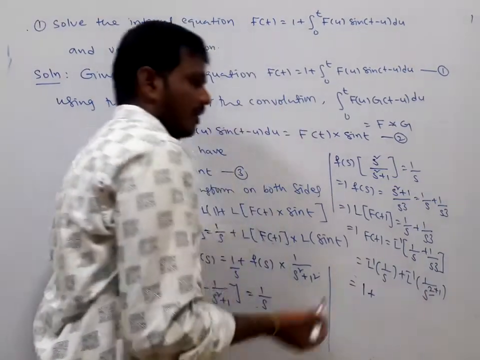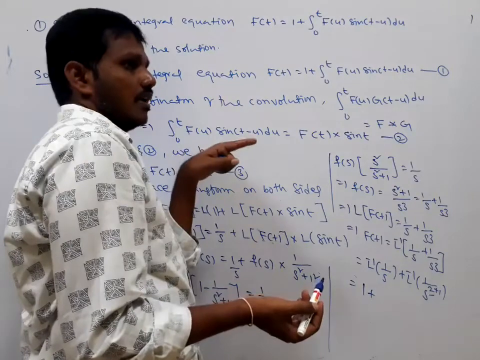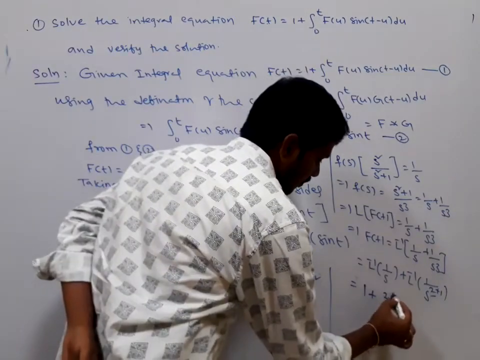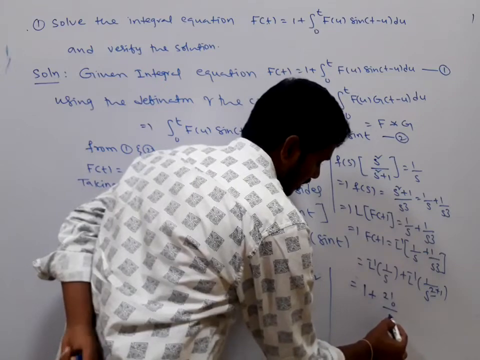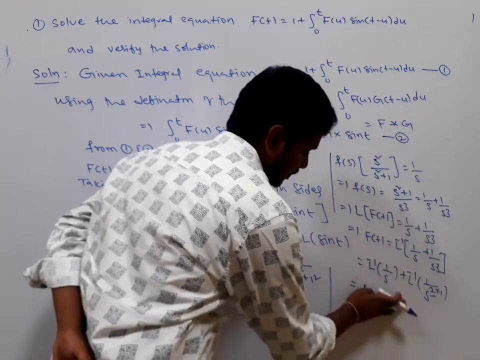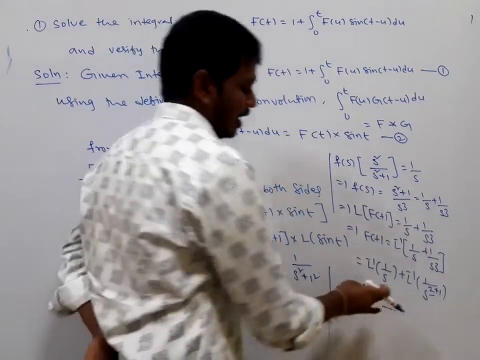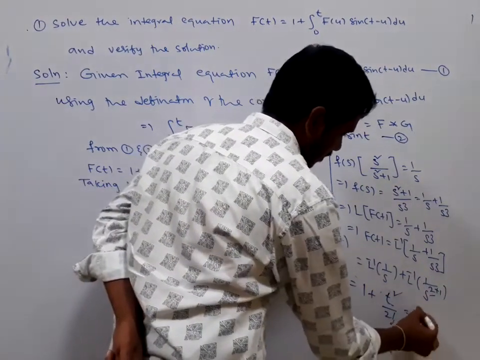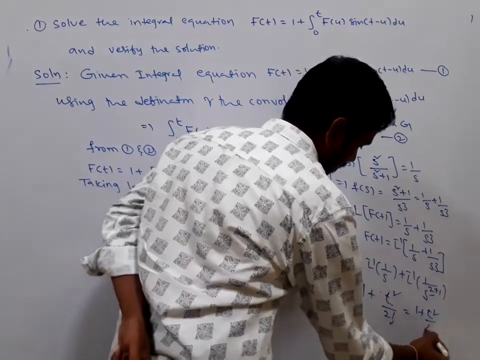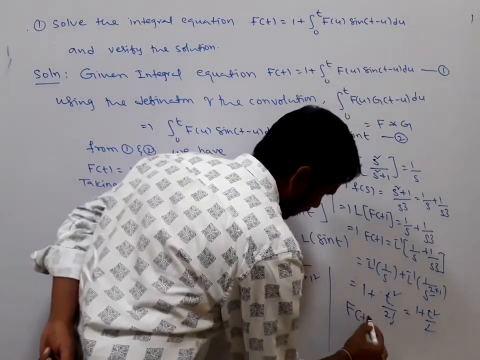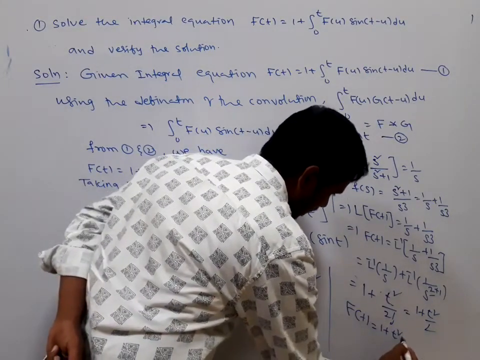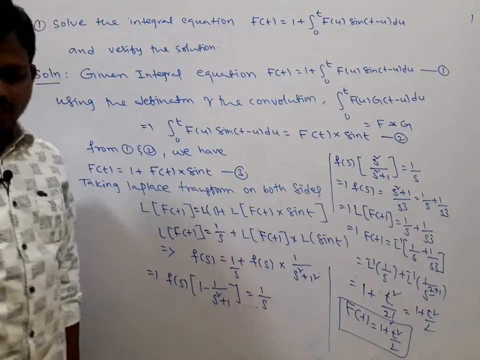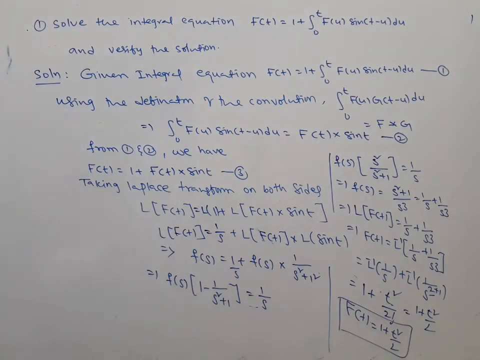Here it is 1 by s to the power of n plus 1, with n a positive integer, and the inverse is t to the power of n divided by n factorial. That is t squared divided by 2 factorial, so 1 plus t squared by 2. So our solution is f(t) = 1 + t squared by 2. This is the solution of the given integral equation.